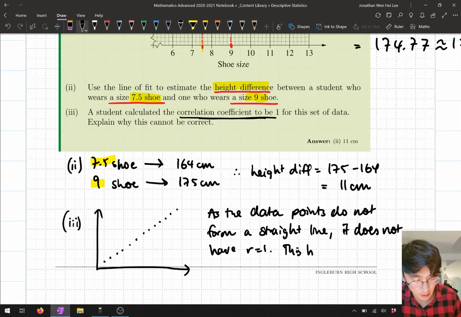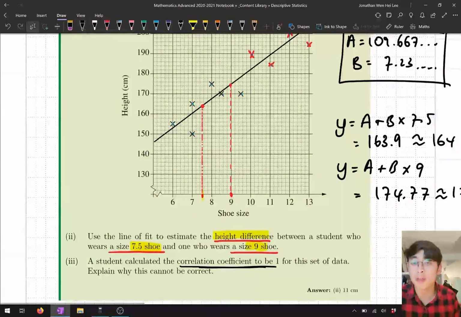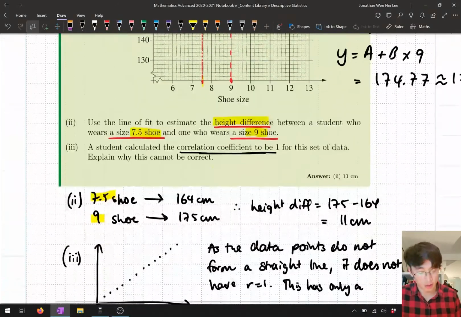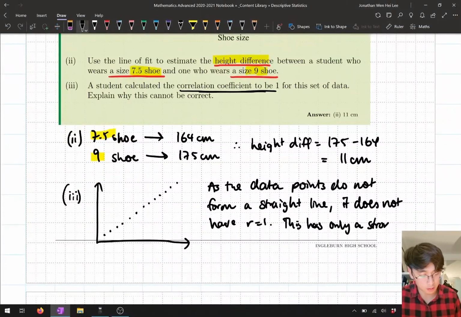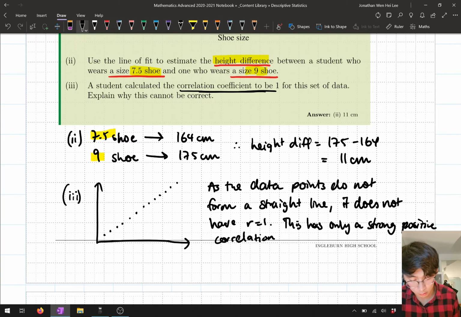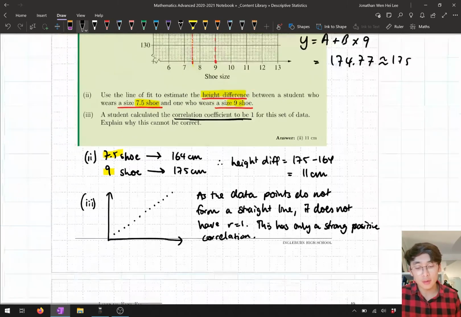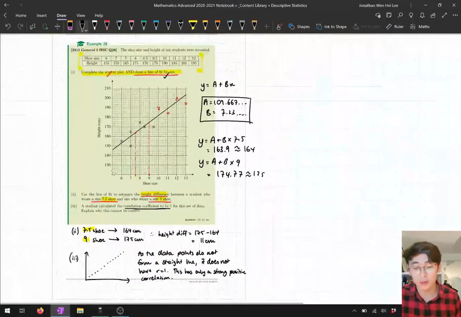This has only, and we can describe it a little bit more, we can say it kind of has a strong positive relationship. This is only a strong positive correlation. That's what we can say here. Okay, so that's how we can answer this first example.